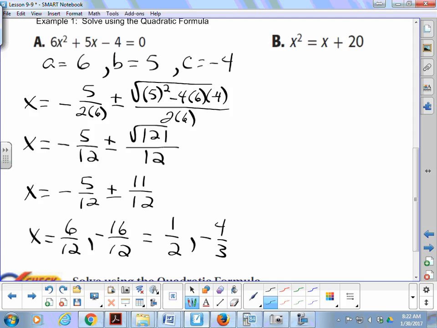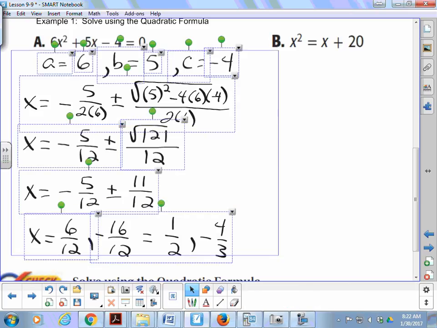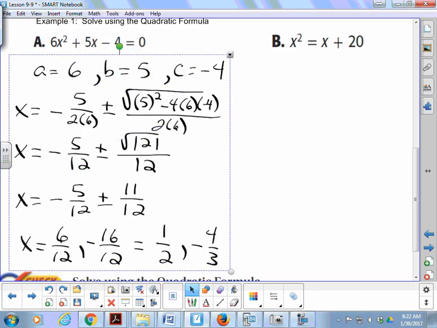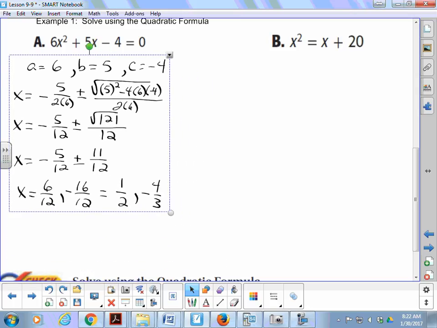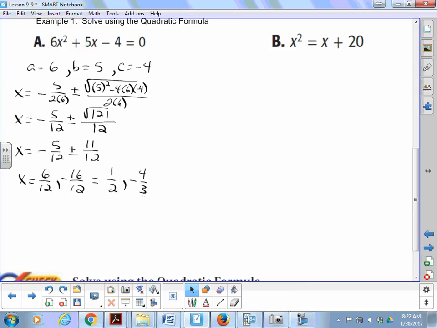All right, so let's do another one here. Remember the first thing here: we have x squared equals x plus 20. It's got to be equal to 0. Now the question is, should I move the x squared to the other side because it's by itself, or should I move the x and the 20?